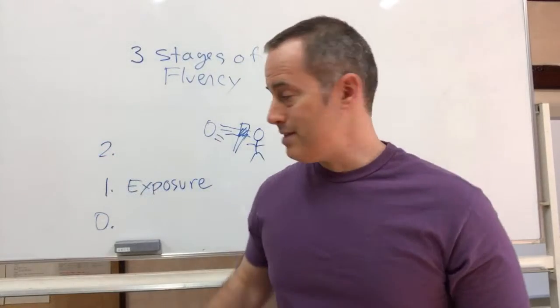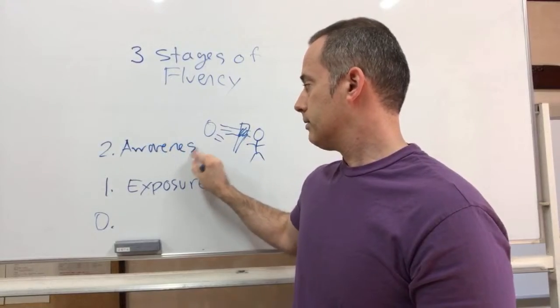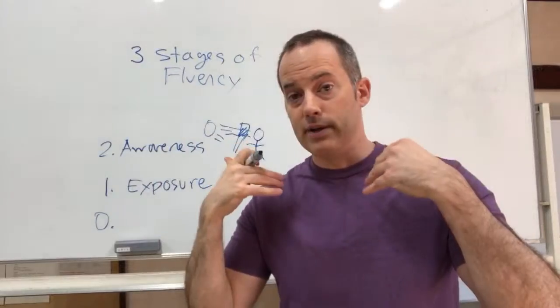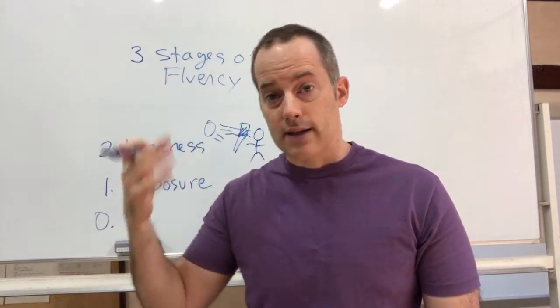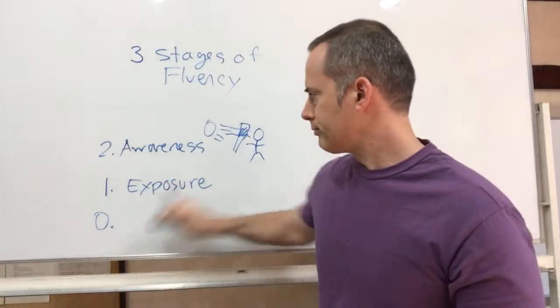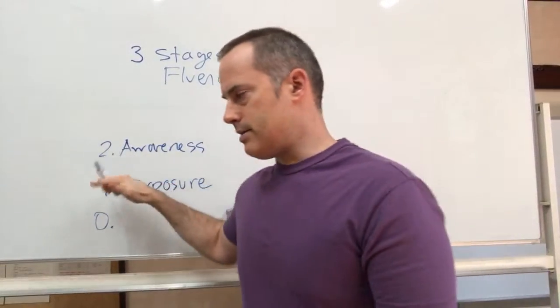The second level is awareness. To be aware of something means you're now conscious of it and you understand, okay, I'm hearing something, I can recognize that information. This is actually very, very simple.